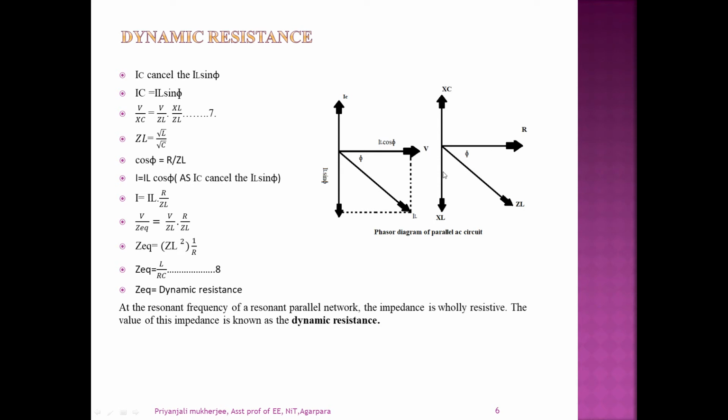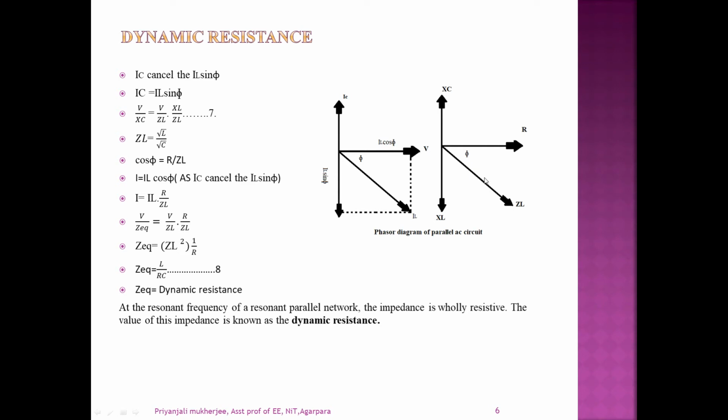So sin phi means XL divided by ZL, whereas IL is V divided by ZL. From this equation 7, we can find that Z is equal to root of L by root of C, and cos phi is equal to R by ZL.